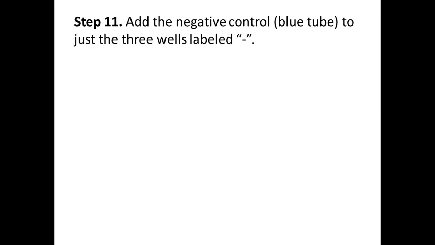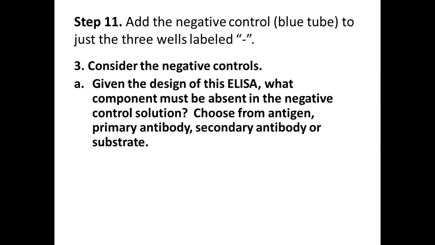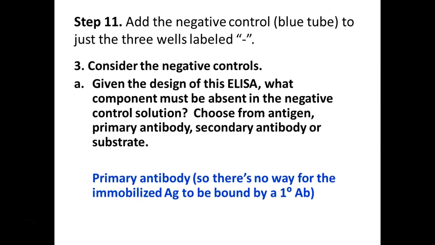Negative controls. So does this contain the antibody? If it's a negative control, we want a negative result. Does it contain the antibody? No. It's lacking the primary antibody that we're testing for today.